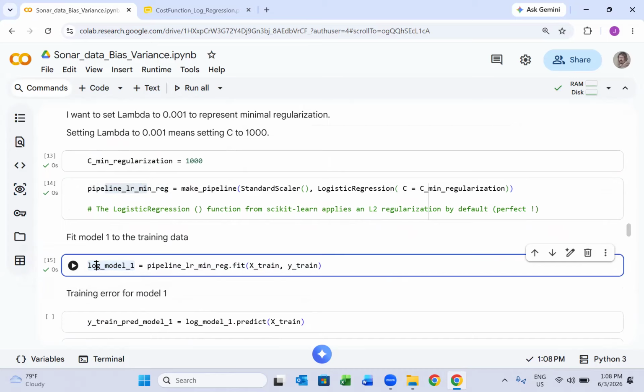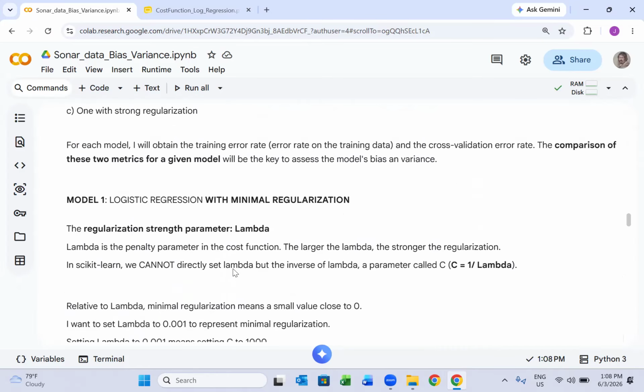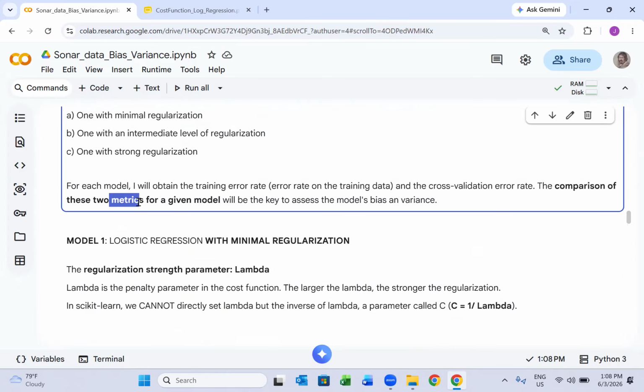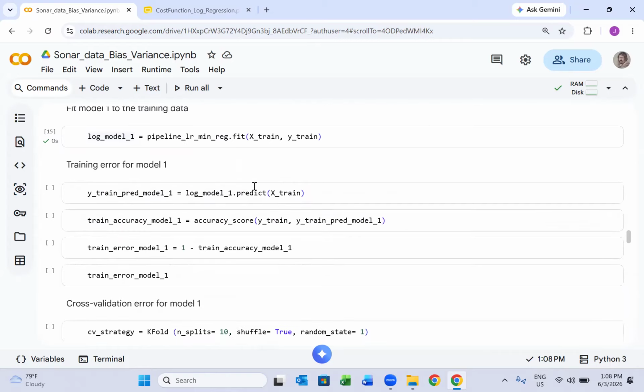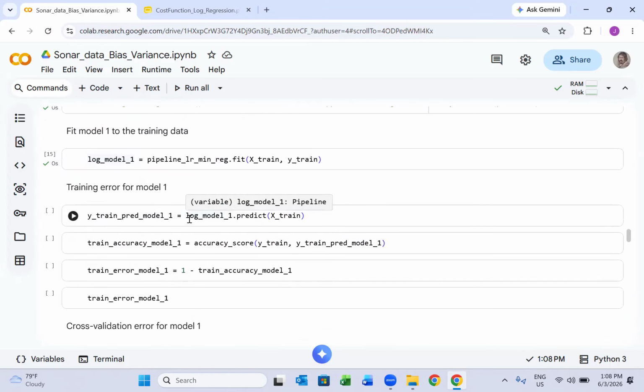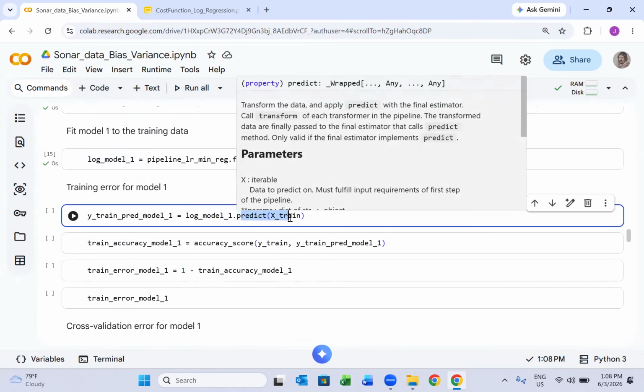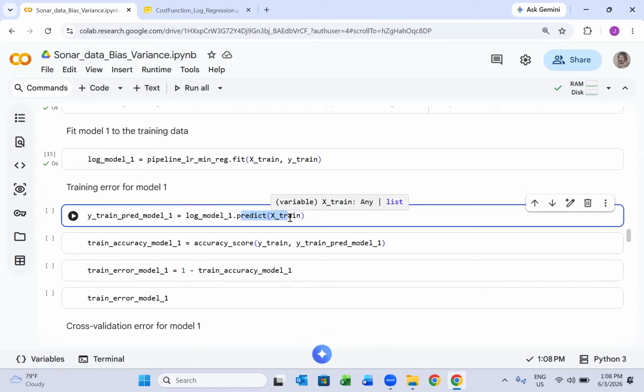So once we have our model number one with minimal regularization, we can use it to do what I wanted. Remember that we are going to compute two metrics: the training error rate and the cross-validation error rate for each model. So let's use model number one to predict the training data so we can get the training error.